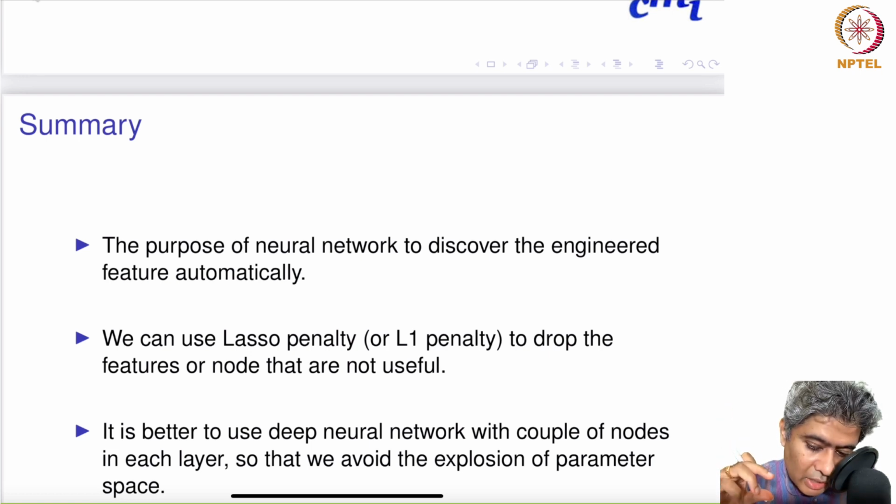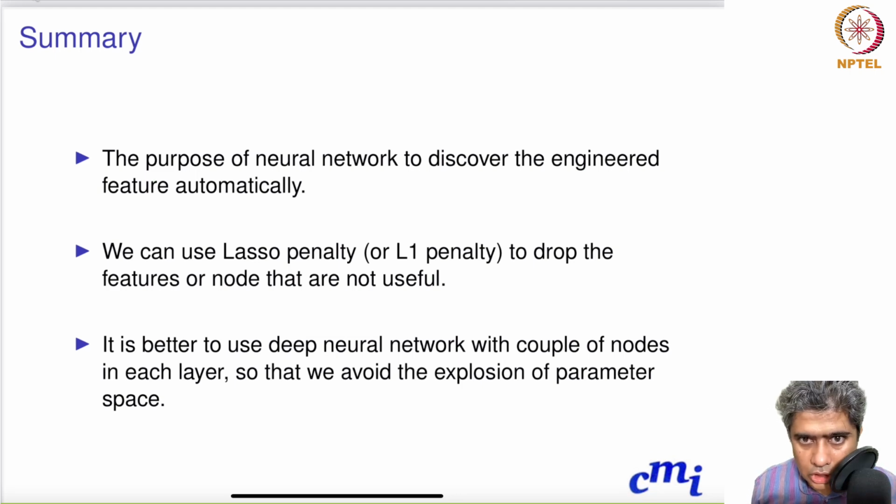But if you have a deep network with quite a few layers, but each layer has maybe 2 or 3 nodes, then the number of parameters stays under control, and that makes deep learning neural network very useful. It can capture the non-monotonic, non-linear behavior, but at the same time your parameter space is somewhat controlled. That is a very useful feature of neural network.